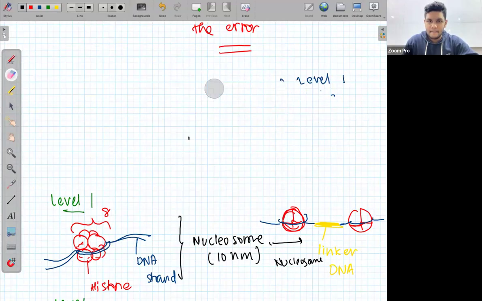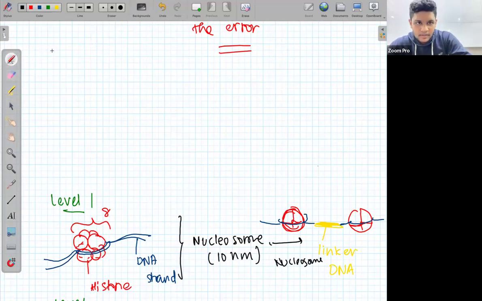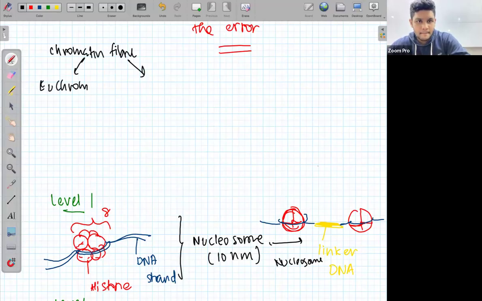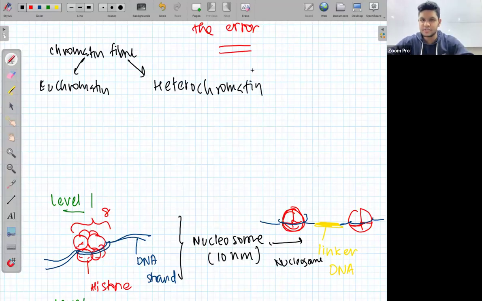The chromatin fiber, which we learned today, can be divided into two: first, euchromatin, and second, heterochromatin. Depending on certain features, chromatin fibers can be divided into two. Now I'll mention what the features are.